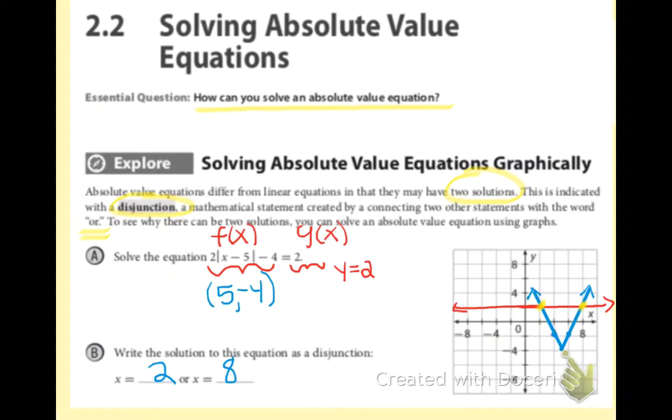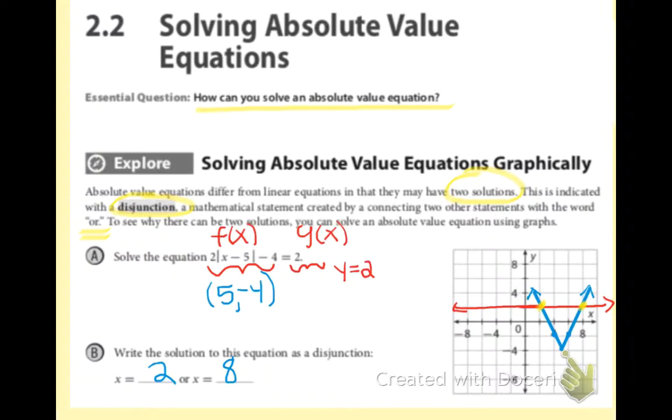Now you can check both of those solutions by plugging them back into the original equation, and you'd see that in both cases, when I substitute back in, the absolute value side is equal to 2. So 2 times the absolute value of 2 minus 5, minus 4: 2 minus 5 is negative 3, the absolute value of negative 3 is 3, 3 times 2 is 6, and 6 minus 4 is 2, so that checks.